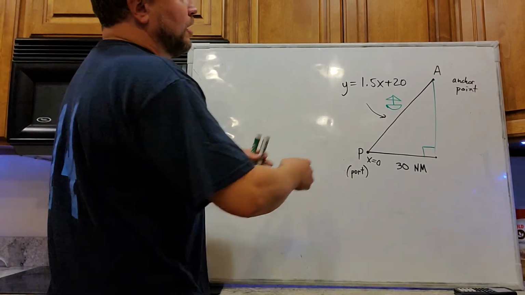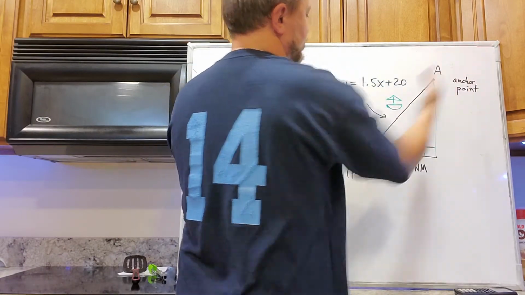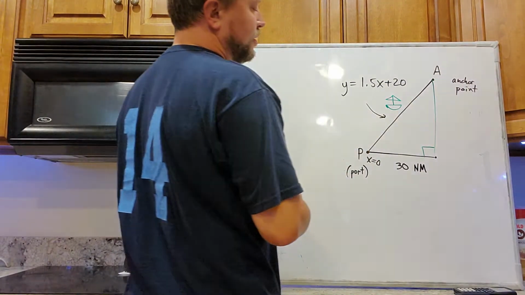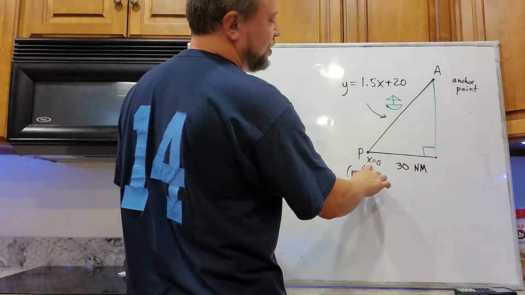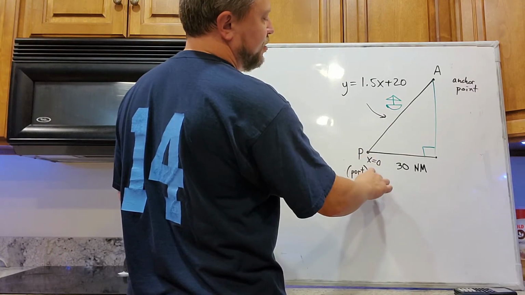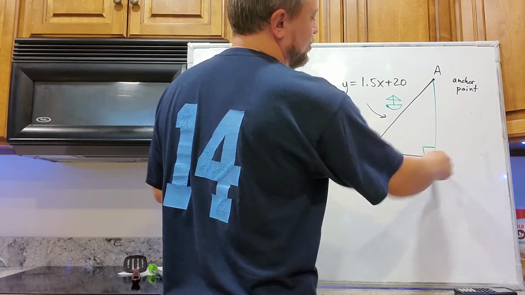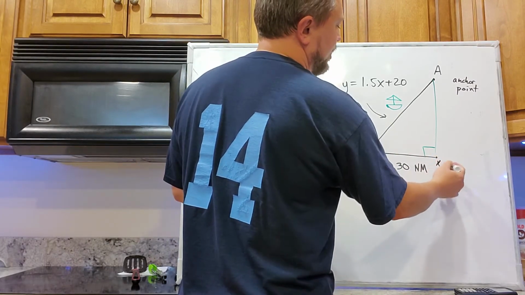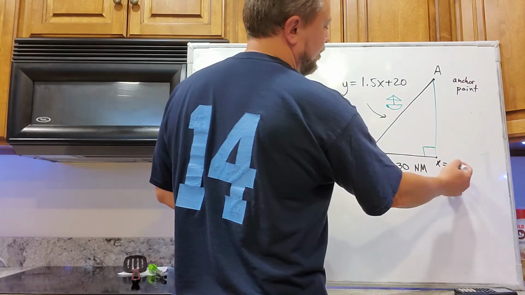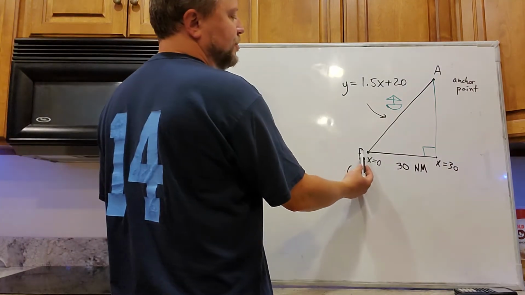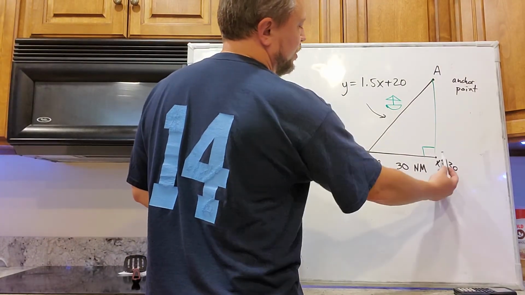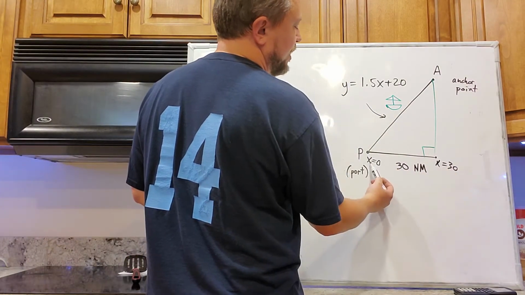Remember when I graphed a full line, but then we restricted the domain? That's what we're doing here. If x is 0 here, and if I travel 30 nautical miles this way, do you see that your x value here would then be 30? You went from 0 and traveled 30 nautical miles this way, so if that's 0, that's 30.